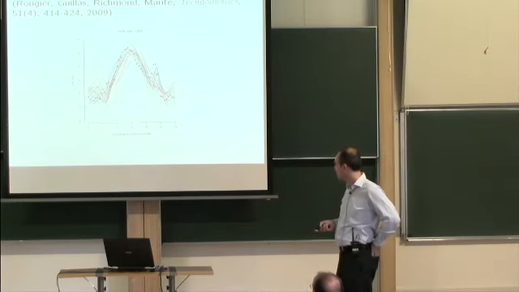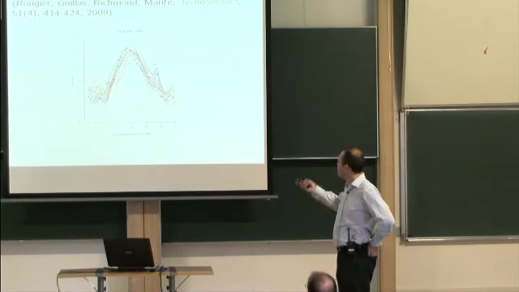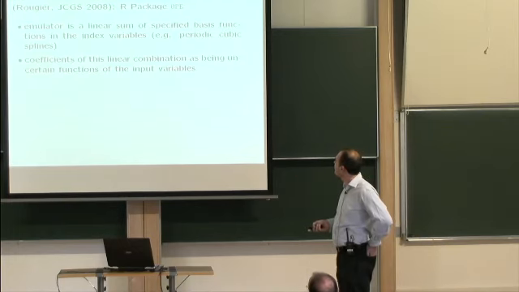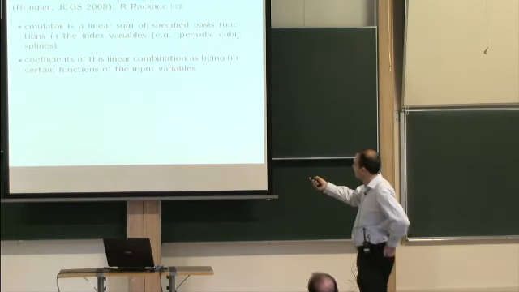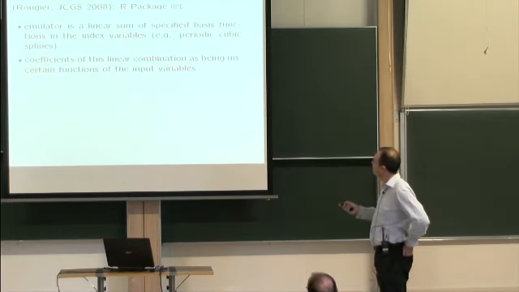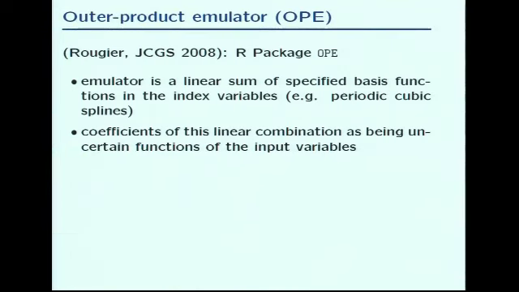Second set of emulations. So another output, and you use that technique which I advertise now, the OPE, which is saying that the emulator, so the emulator is the statistical surrogate of this computer model, is a linear sum of specified basis functions, and the coefficients are uncertain functions of the input variables.